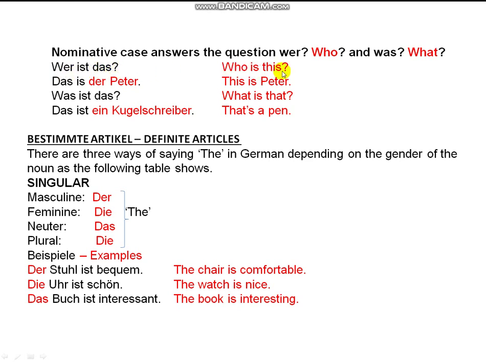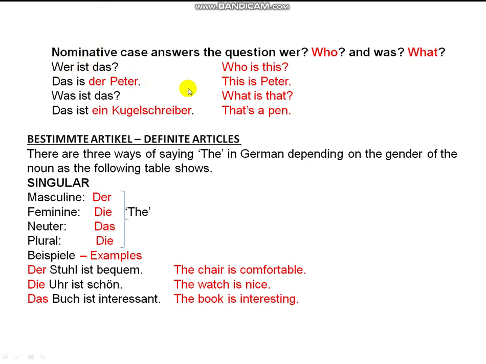Who is this? Das ist der Peter. This is Peter. So der Peter is in the nominative case because it is answering the question wer ist das?